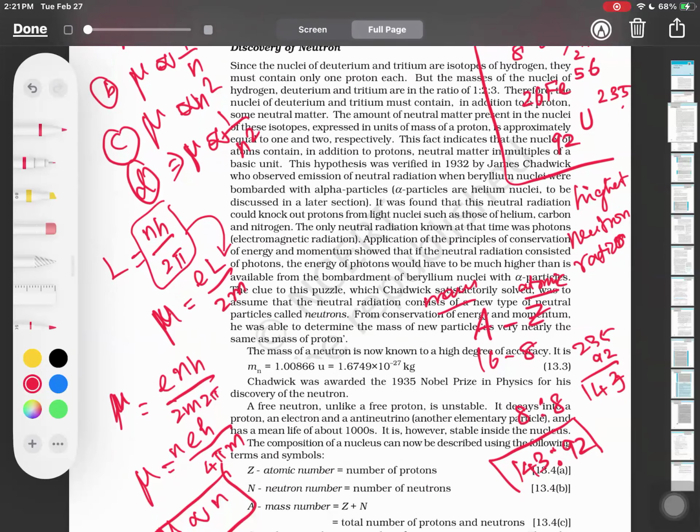Then what will be asked? Alpha, beta, gamma rays are deleted in the question.